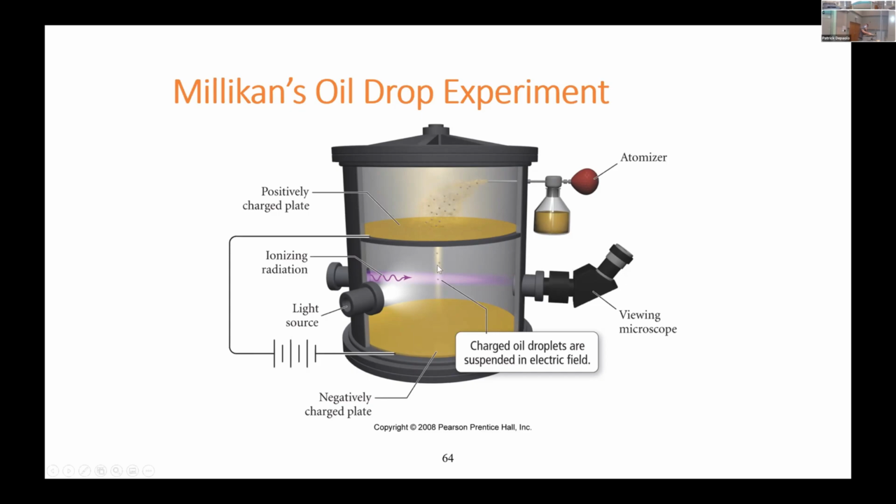The charged droplets will hover, suspended in the middle of the electric field, based on two things: the attraction and repulsion of the ionized atoms to the positive and negative plate, and also gravity.